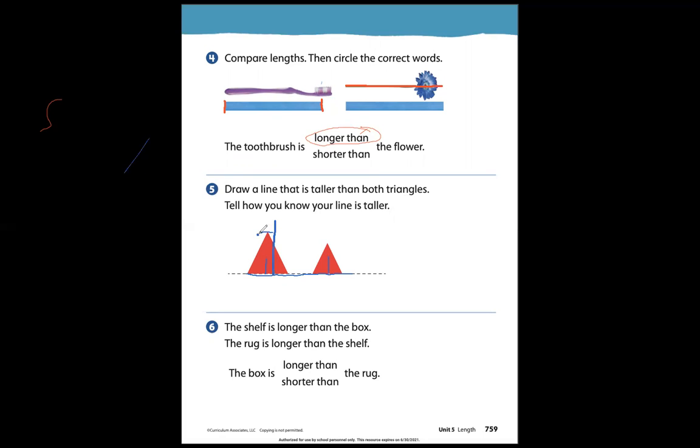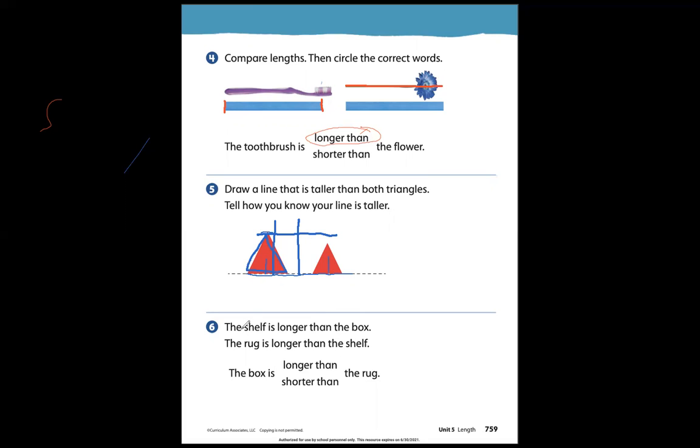So because the triangle on the left is taller than the triangle on the right, it has to be taller than both triangles together. So I have to go past the tallest triangle. That is how I know my line is taller.